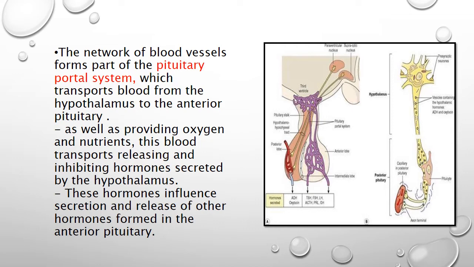In this area, blood is transported from the hypothalamus to the anterior pituitary, as well as providing oxygen and nutrients. This blood carries the releasing and inhibiting hormones secreted by the hypothalamus. They pass through the pituitary portal system and influence the secretion and release of other hormones from the anterior pituitary. So this is the portal system.